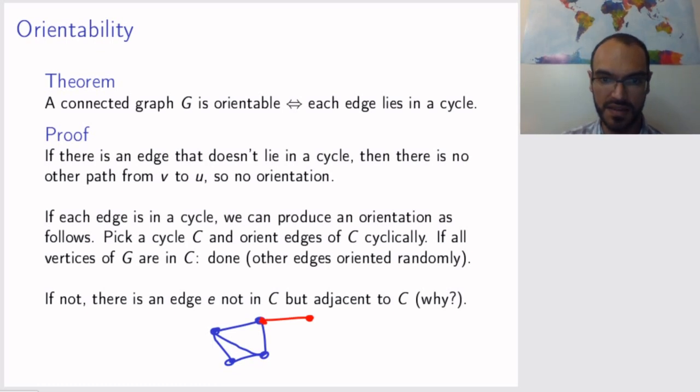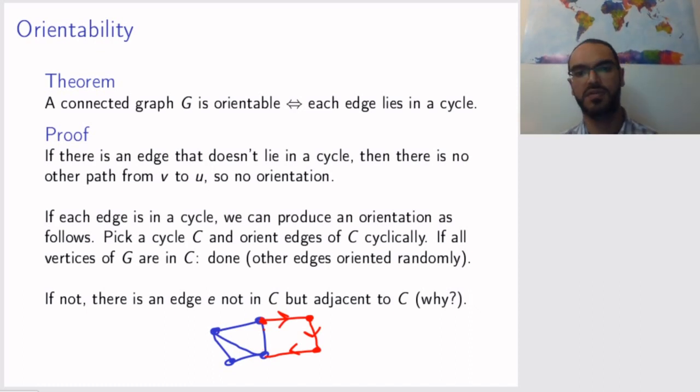So you trace that cycle and you orient its own edges cyclically, except the ones that are already in the blue part. What have we now created? Now, the original vertices in the blue cycle, these could all reach each other, so that part of the graph was strongly connected.